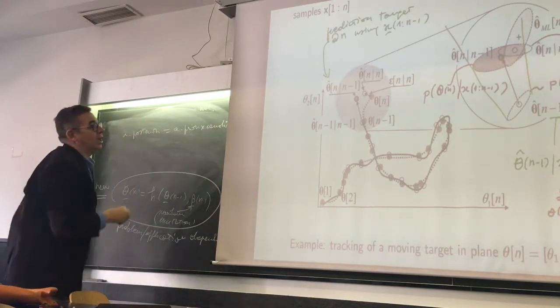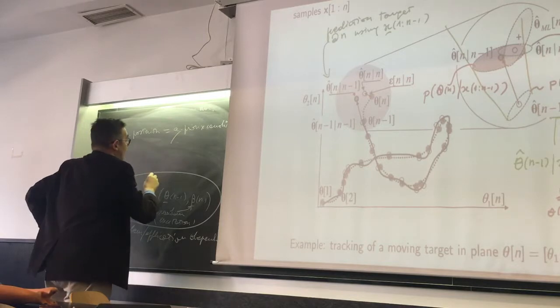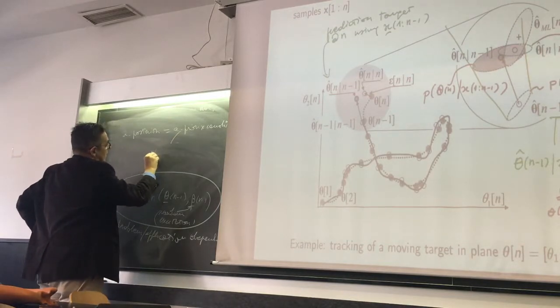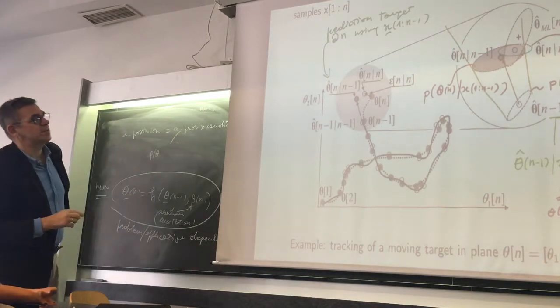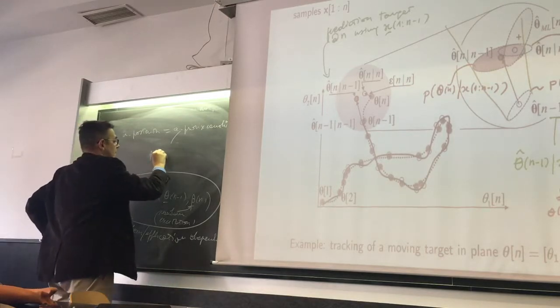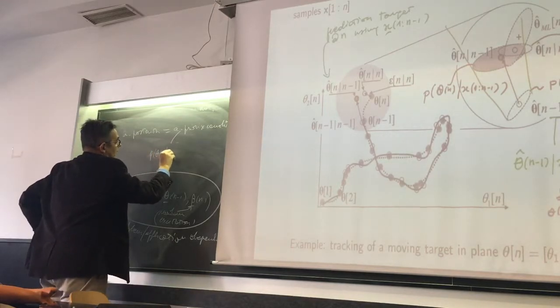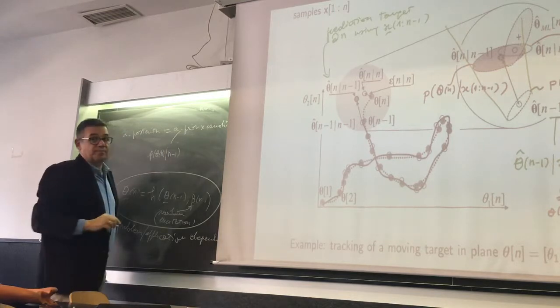In our setting, what is the a priori? The a priori is the probability of theta at time n, given all the data up to n minus 1.